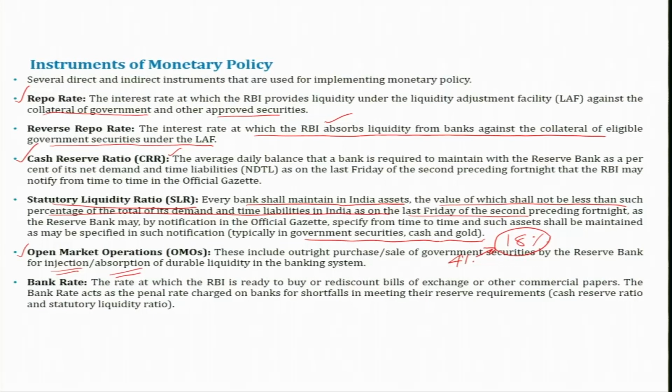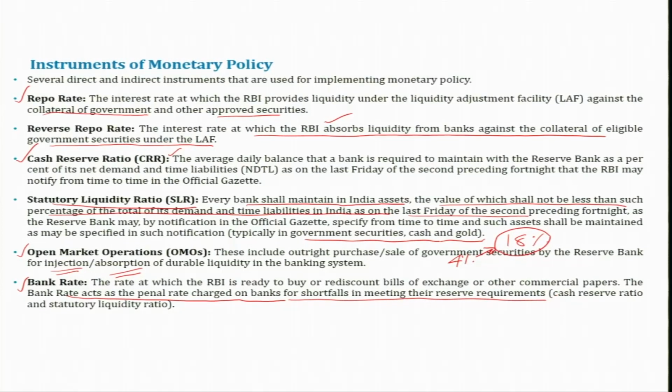Then another tool is bank rate. This is the rate at which RBI is ready to buy or rediscount bills of exchange or other commercial paper, and actually the bank rate acts as a penal rate charged on banks for shortfalls in meeting their reserve requirements.